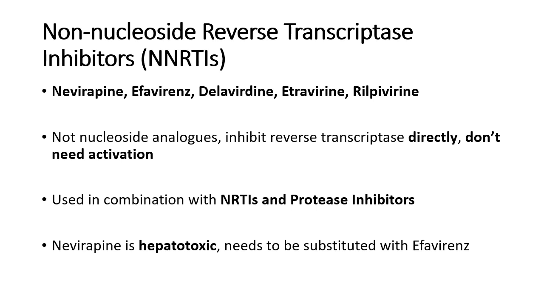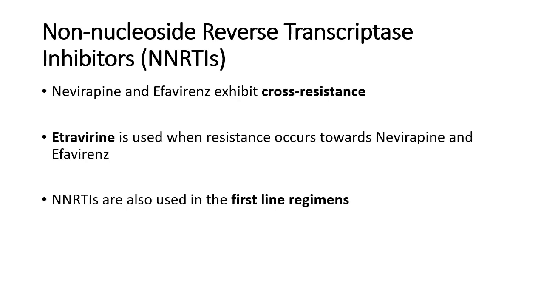Nevirapine is hepatotoxic. So in patients with hepatic insufficiency or hepatic damage, we prefer to use efavirenz. Both these drugs, efavirenz and nevirapine, exhibit cross resistance. If there is resistance towards nevirapine, don't substitute it with efavirenz. But you can use etravirin because etravirin doesn't have any cross resistance with these two drugs.